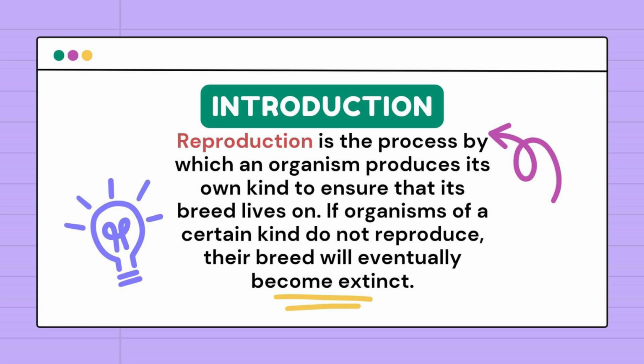Wala na pong susunod na generation ng humans o ng kahit na anong type of living organism kung hindi siya magre-reproduce. Okay? So now, let's move on to the sexual reproduction in plants.